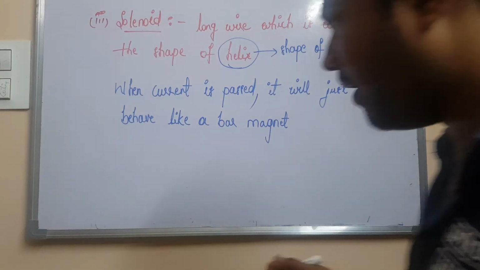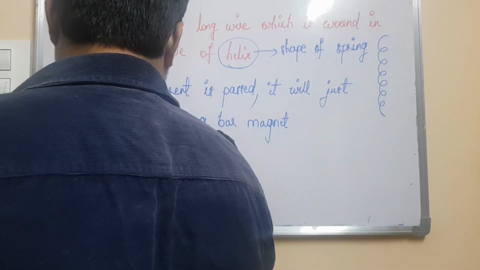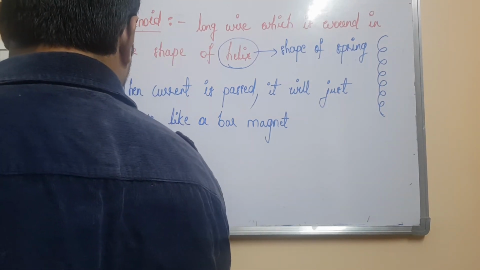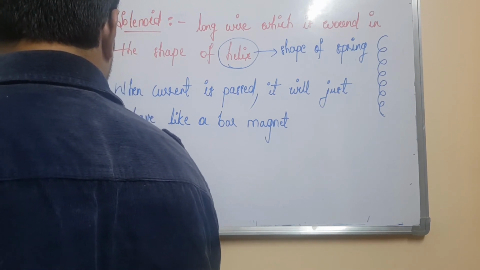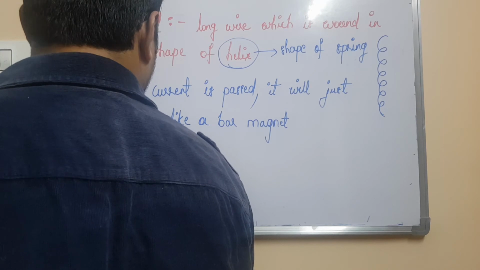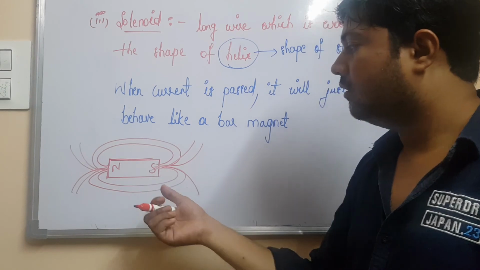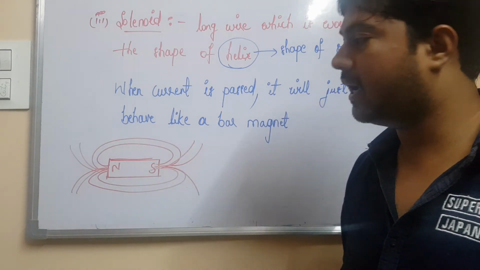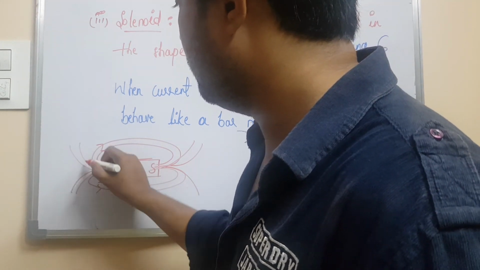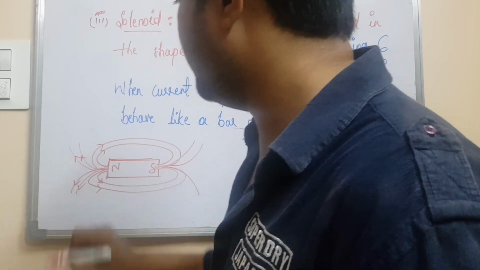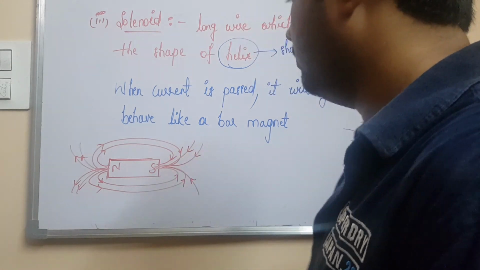It means if you take a bar magnet, this is the magnetic field around the bar magnet, and magnetic field lines will be directed away from the north pole and towards the south pole.